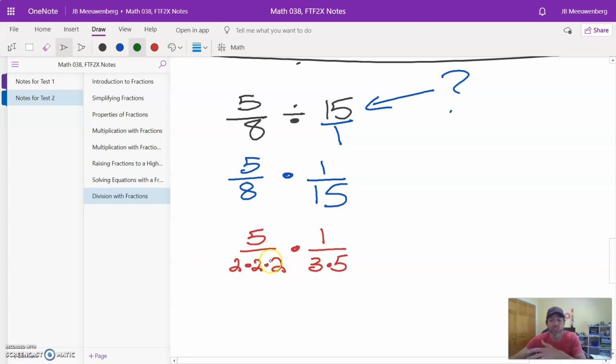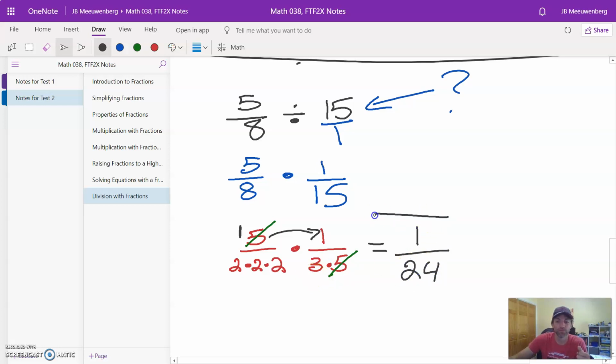This way is always going to make sure you hit every number that's necessary. I see that 5s can cancel. Nothing else can cancel, so I put it all back together. We've got 1 on the top. Remember, when something cancels, there's still a 1 in its spot. 1 times 1 is 1. Across the bottom, 2 times 2 times 2 times 3 is 24.